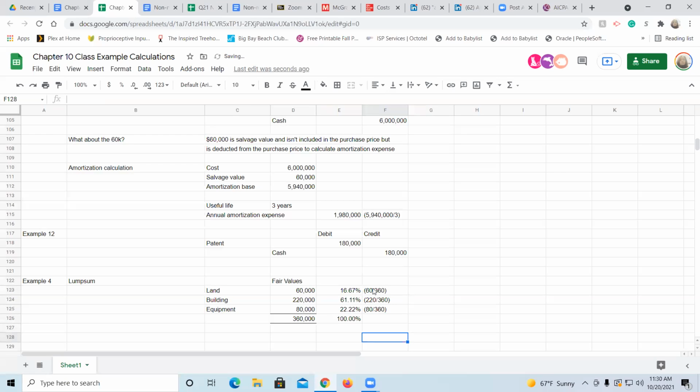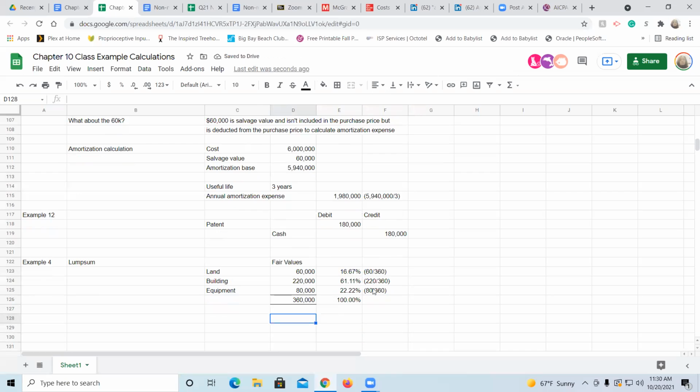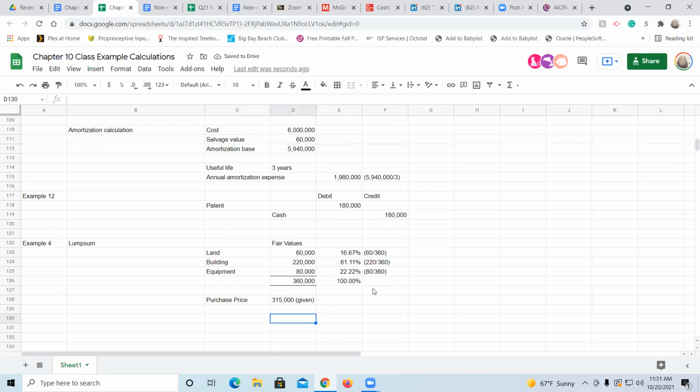And now you know with this purchase price, right? The purchase price is 315,000. This is given in the question. This is not something that we needed to calculate. Now, what we're trying to see is what is the cost of these items based on using the relative fair values for the calculation.